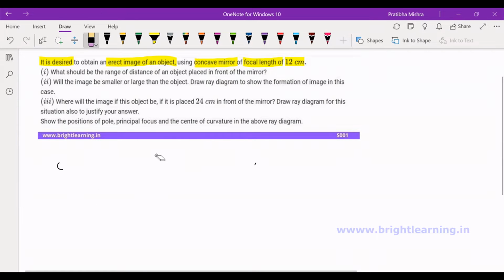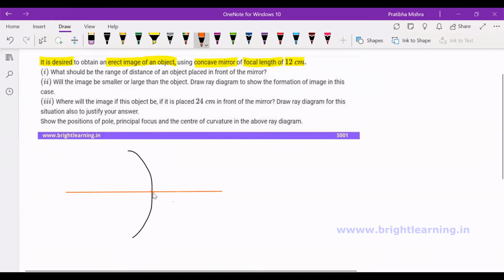So it says that for a concave mirror to produce an erect image, first of all, we'll be drawing a concave mirror over here along with various other terms and terminologies that need to be written.